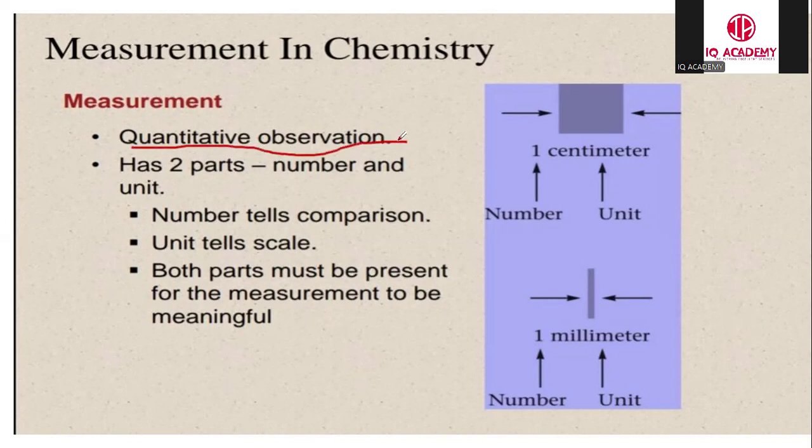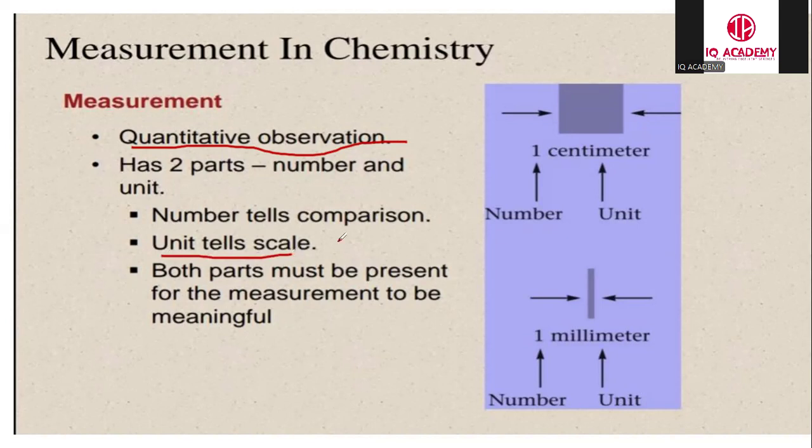So for something to be called a measurement, these two parts should exist in that expression. The first part is that the measurement should have a number or a numerical value that tells us the size or the comparison. And the second thing is a unit, and we know that a unit will tell us the scale.